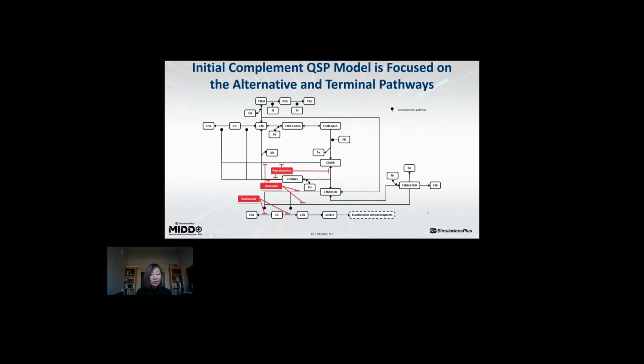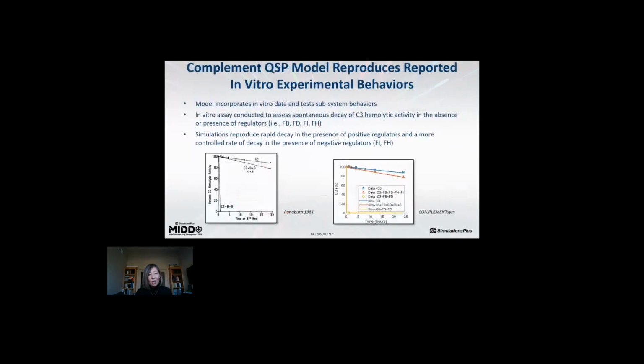Okay, so what do we do with this model? I had mentioned that we're integrating the available data. In addition to integration, you can also test your model against in vitro data to ensure that it's behaving in the way that you anticipate.